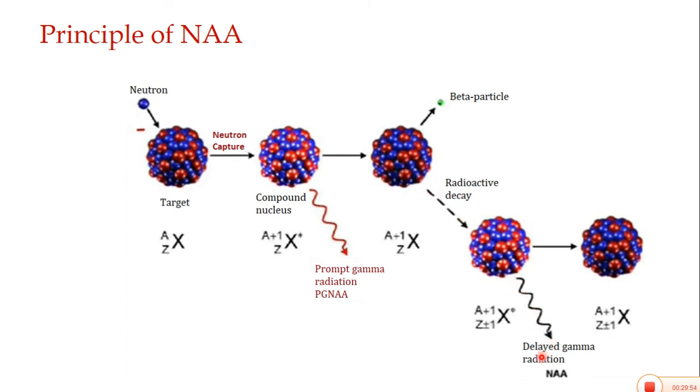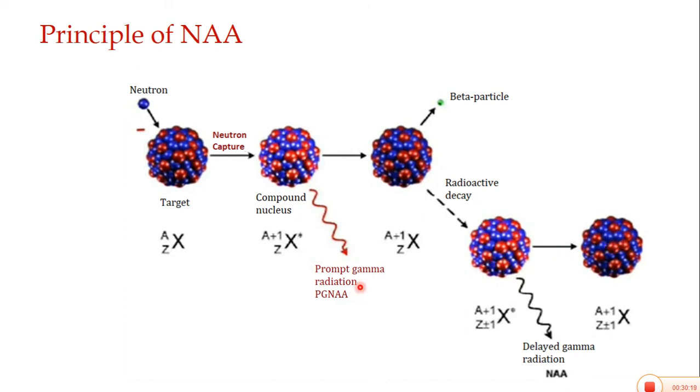These gamma radiations are called delayed gamma radiation emission, because they are emitted not by the capturing of a neutron but after the beta particle decay process. So due to this reason, it is known as delayed gamma radiation. When this delayed gamma radiation is emitted, the nucleus becomes stabilized.